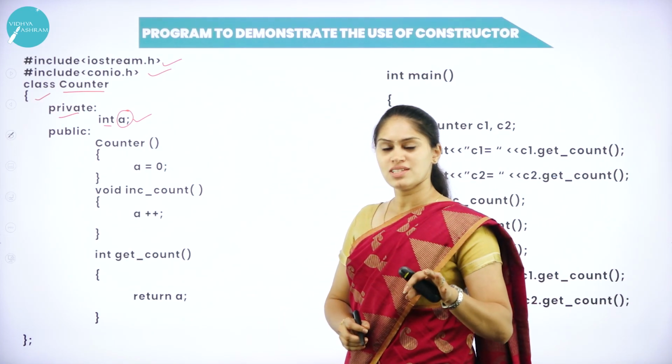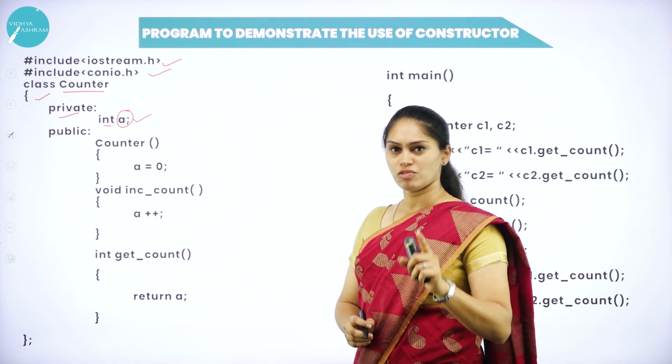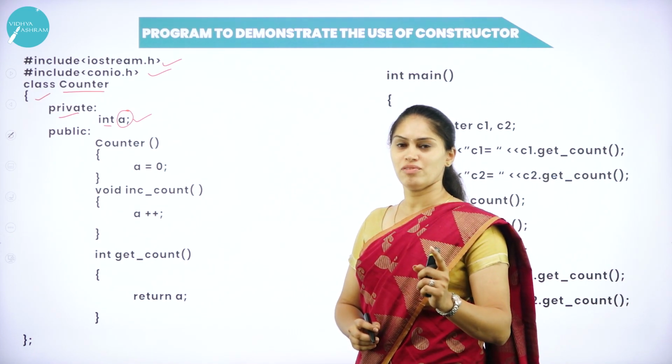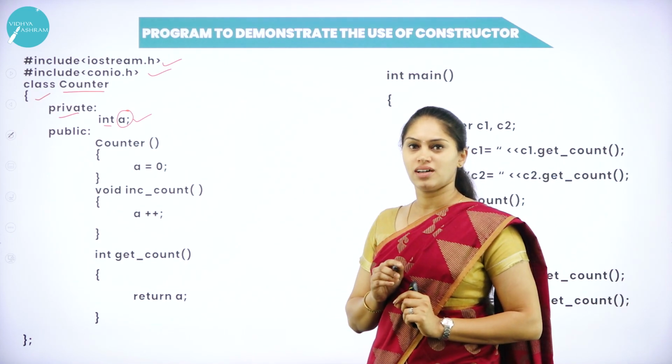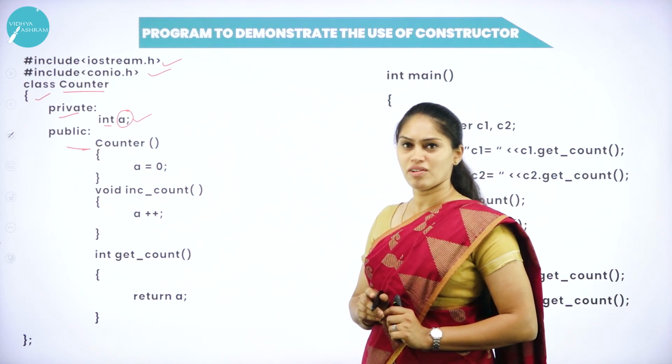What are the rules for specifying the constructor? It must have the same name as the class. It is a special member function and it has no return type. Am I specifying any return type before this member function?